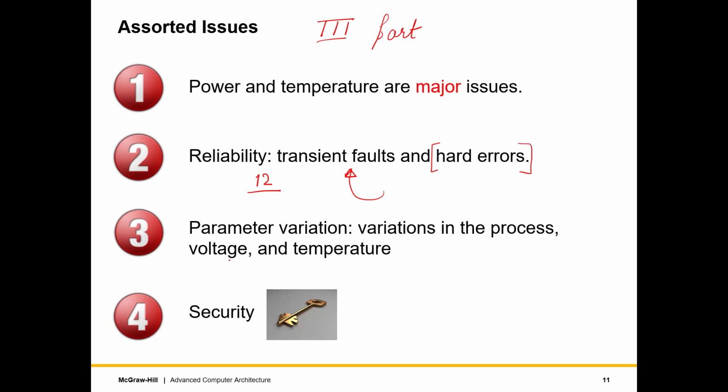And of course, if you bring in slightly fluctuating voltages and temperature, then transistors are operating in quite an unstable and variable environment. Security, everything needs to be secure these days. Security is a major challenge. We'll discuss this in chapter 13.